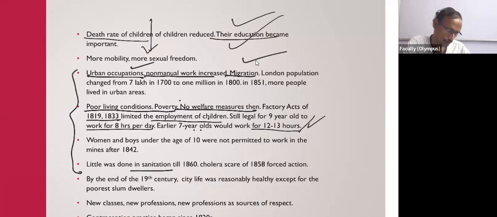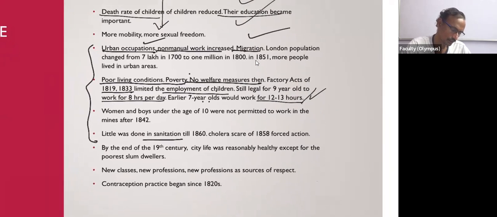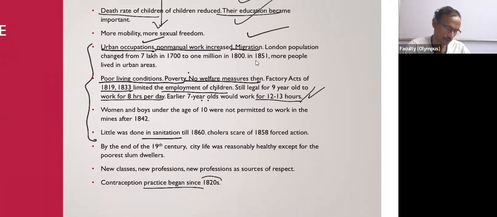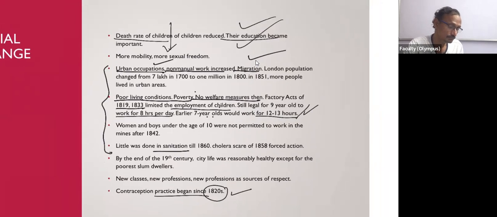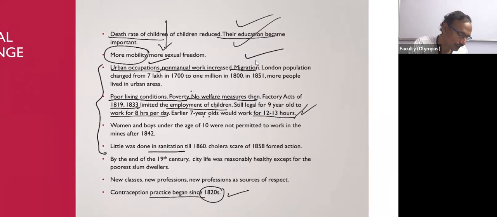Okay. It was also around this time that contraceptive practices began, since the 1820s. It means technology intervened in the reproduction process, and technology intervened in mortality rate reduction and life expectancy increase, child becoming more important and education becoming more important. And all this meant more mobility. Mobility also gave more sexual freedom.